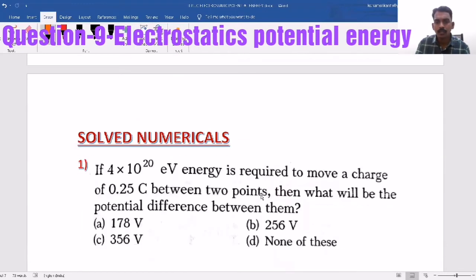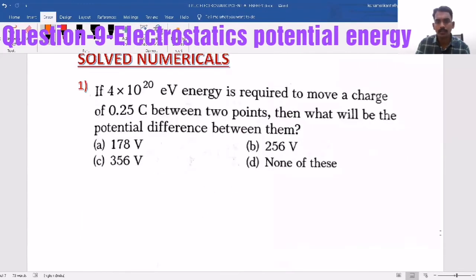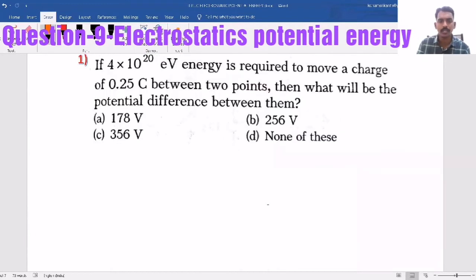Then how they will ask questions based on this is the very first thing. See here, if energy is required to move a charge between 2 points, then what will be the potential difference between them? See, work done is nothing but energy. Now, potential difference is nothing but work per unit charge.